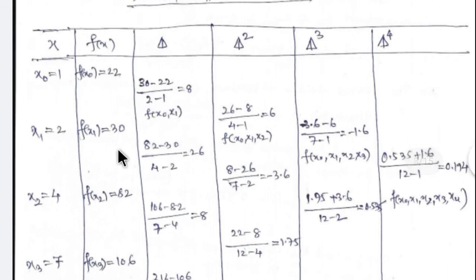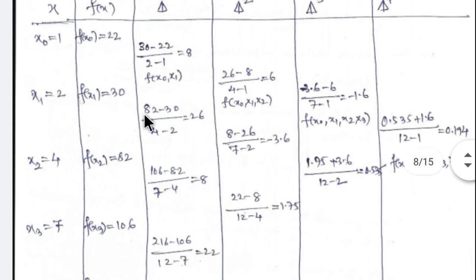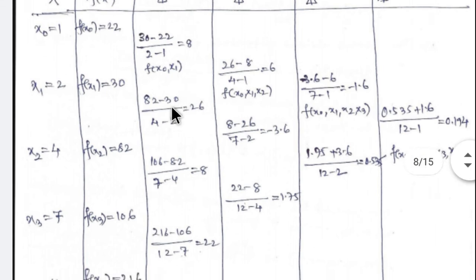For the first order difference, 30 minus 22 divided by 2 minus 1 equals 8. This is f of x naught, x1, the first order divided difference.